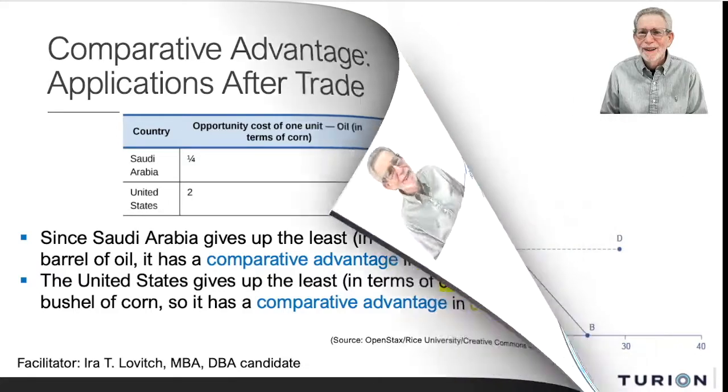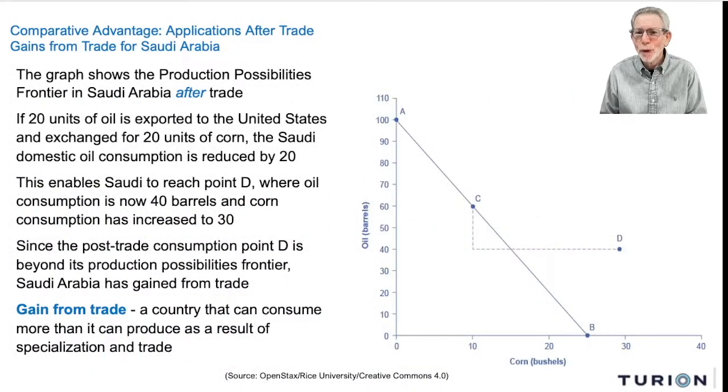opportunity cost. Sometimes this graph is also helpful because we've added a point we did not have before on the other graph. Why did we add the point? Because for Saudi Arabia, for example, or for the United States, either one, they had a limitation, a frontier, a border of what could be produced without trade.